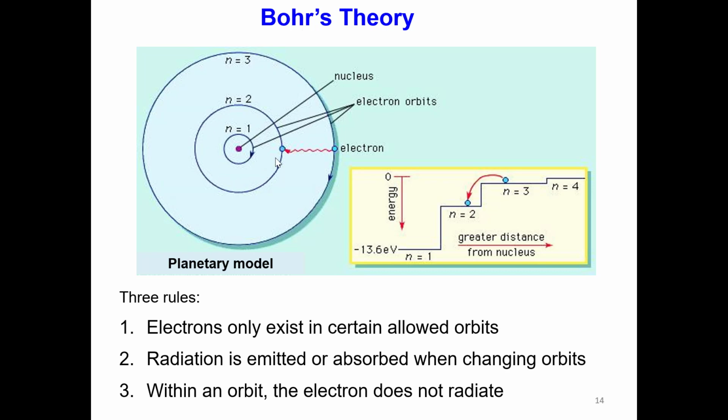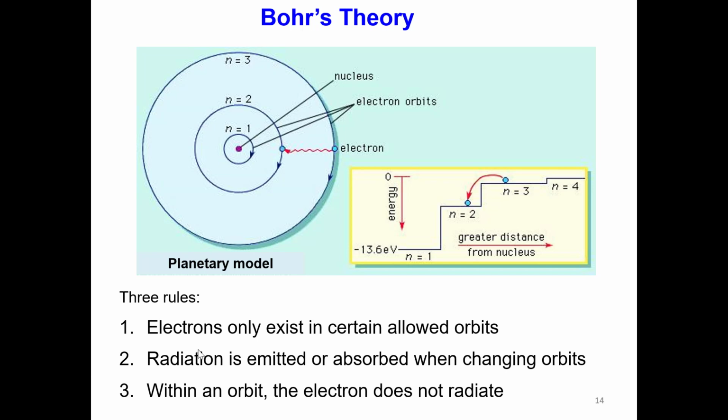So the electrons only exist in certain allowed orbits. It's not in any orbit, as Rutherford says in his model.